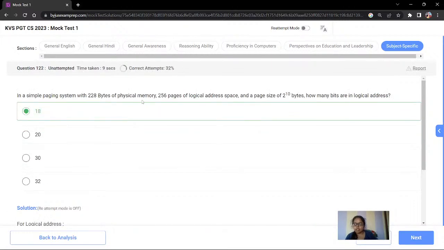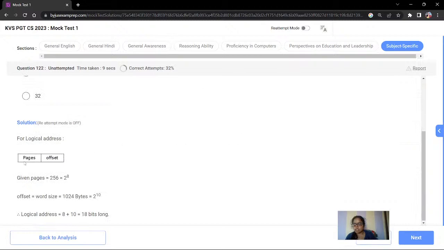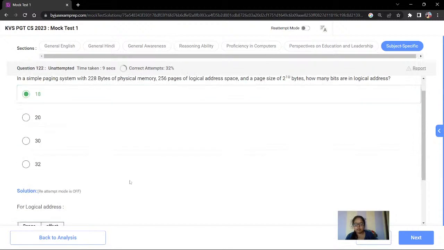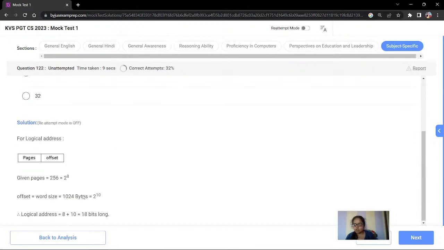Next, 2 to the power 28 is the physical memory and 256 is the logical memory, and the page size is given 2 to the power 10. How many bits are in the logical address? So here for the logical address, page and offset is given: pages 256, that is equal to 2 to the power 8, and offset is 1024. Here offset is given 2 to the power 10, that is equal to 1024.